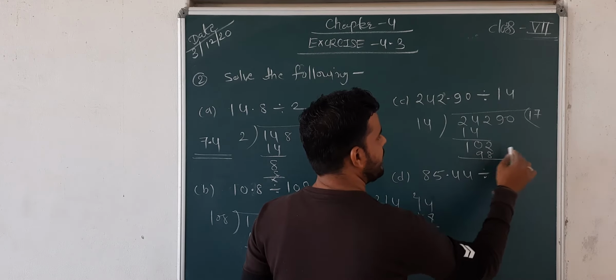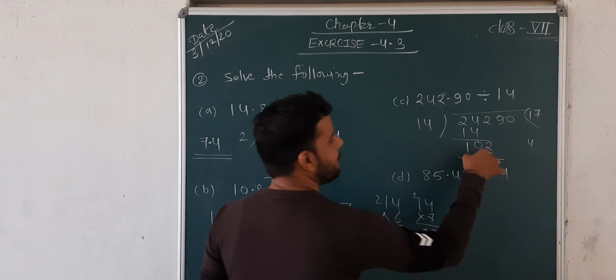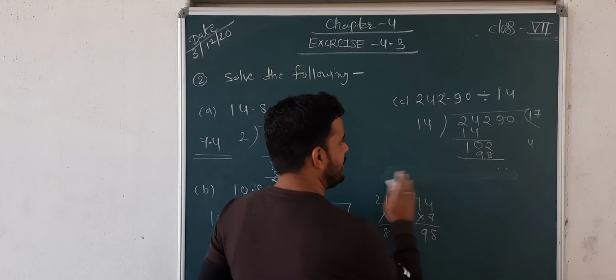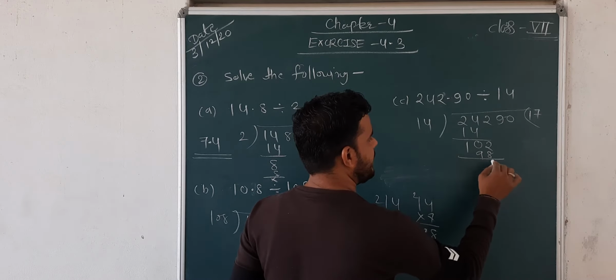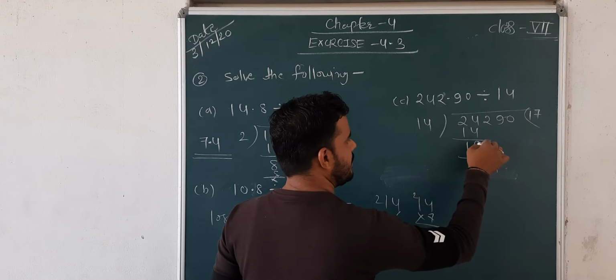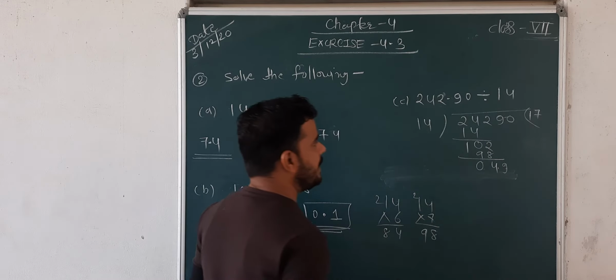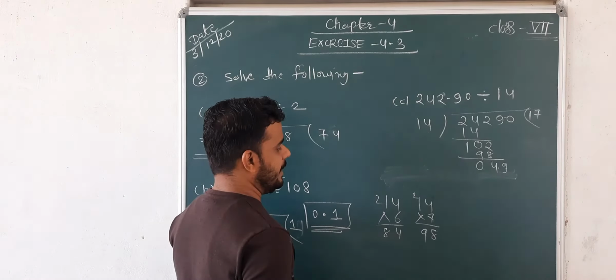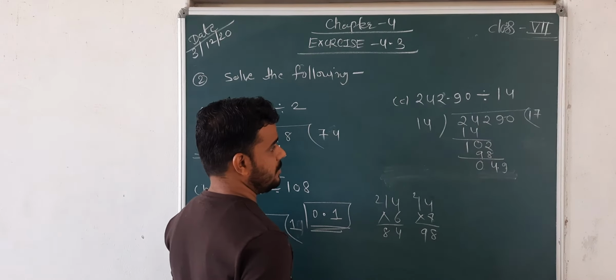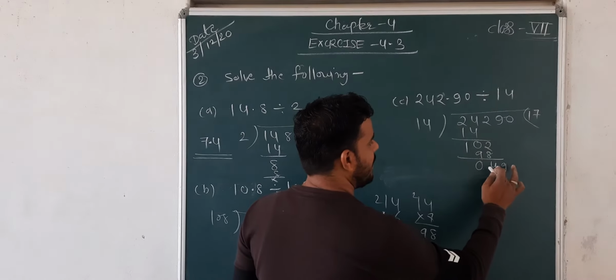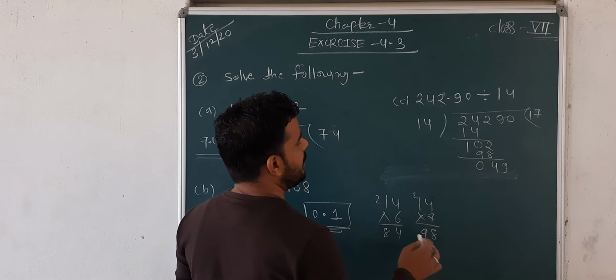Subtract: 12 minus 8 is 4. Only 4 is there, so the next number is 9. Then 14 fours are 56, 14 twos are 28, 14 threes are 42.